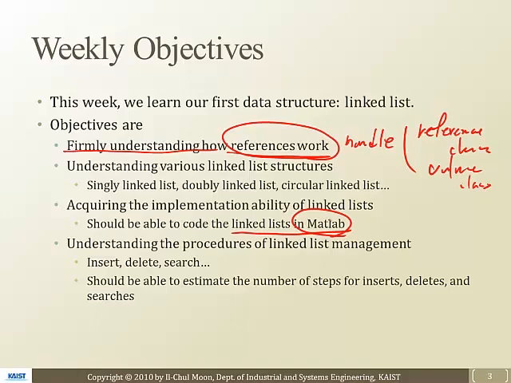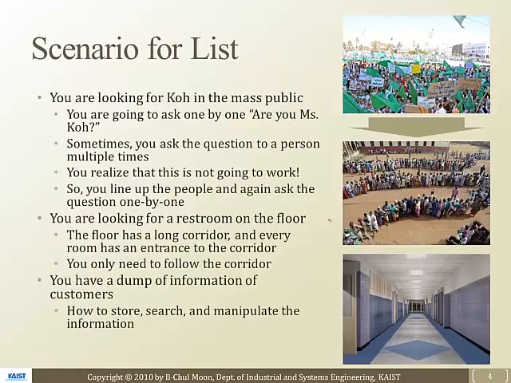Basically, we are going to implement a new data structure that might replace the cell array. And the cell array, I think you are pretty familiar with at this moment. Of course, I'm going to talk a little bit about the cell array to give you a short recap.